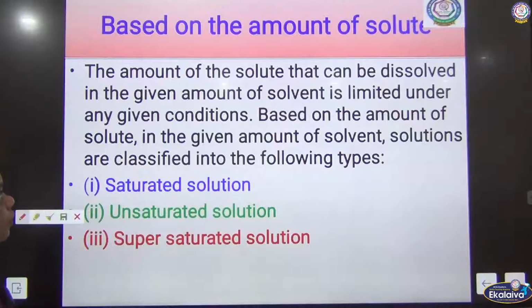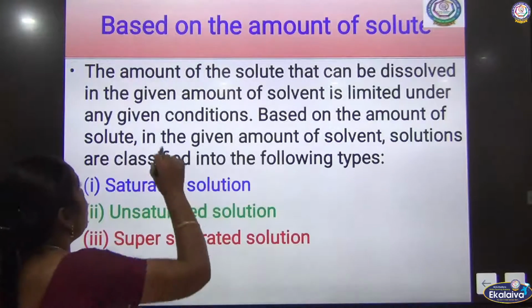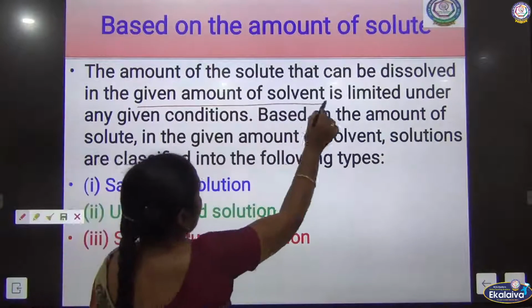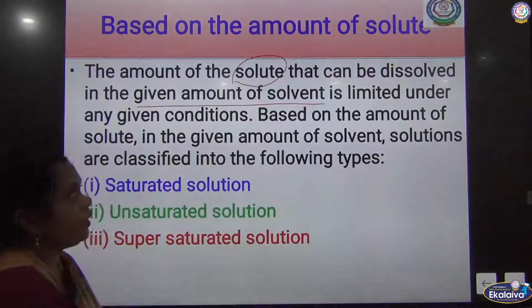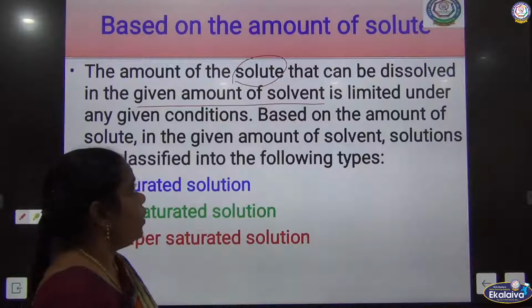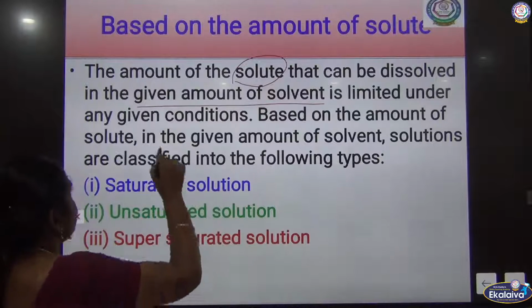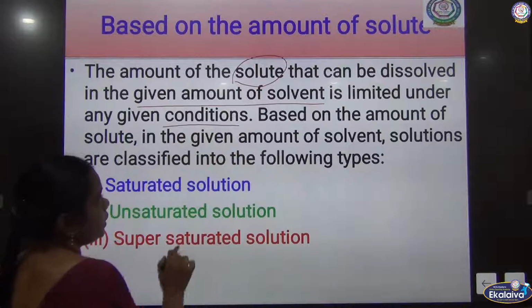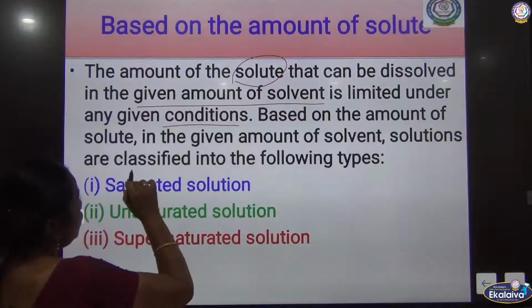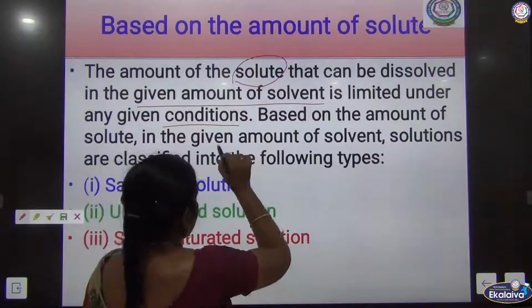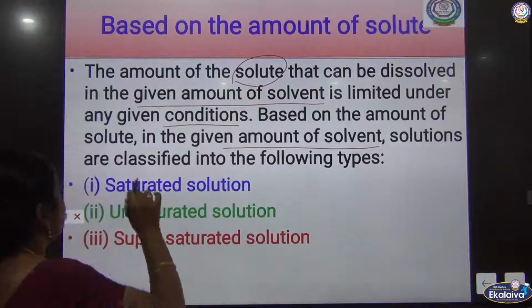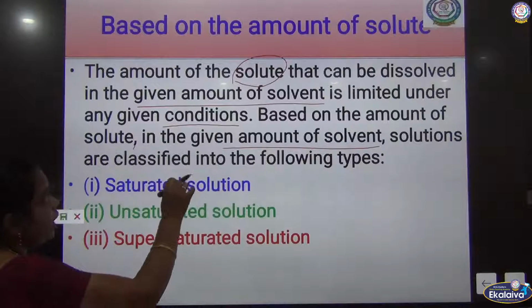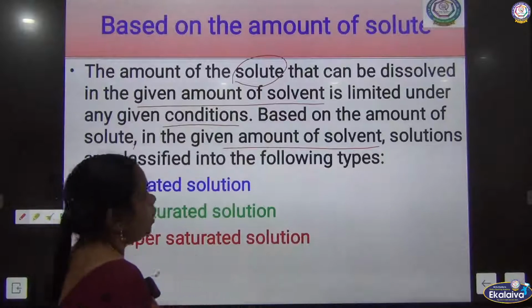Today's class we are going to learn about the solution based on the amount of solute particle dissolved in the given amount of solvent, under the given temperature and pressure. The amount of solute is going to vary in the given amount of solvent.